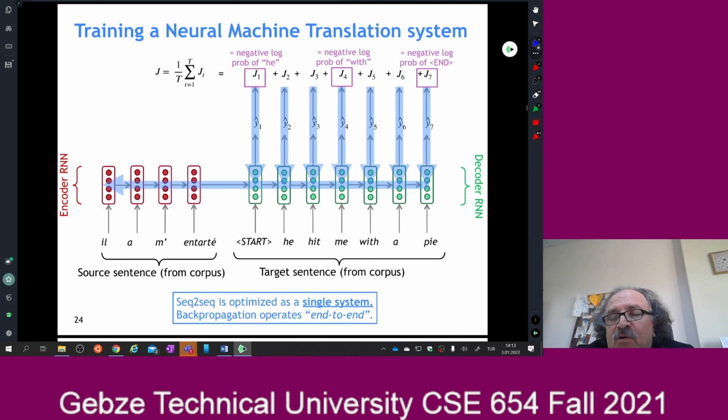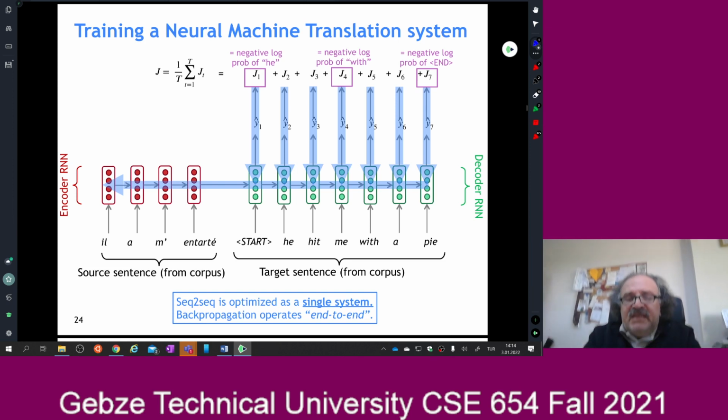As you see, all I am doing is comparing the words and their representations. I am not talking about feature engineering. I am not talking about the phrases. I am not talking about the alignment problem at all.